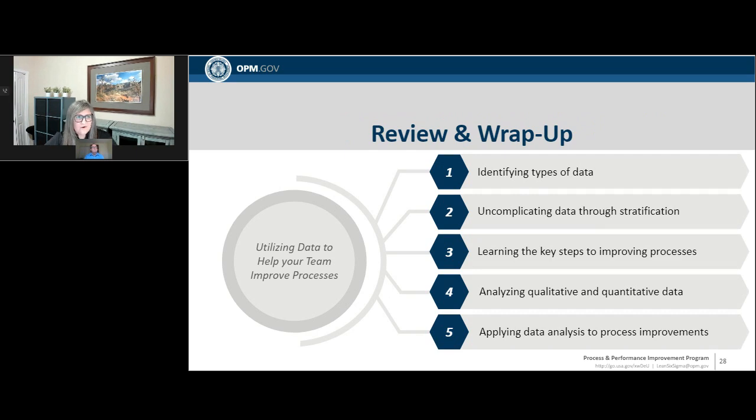So reviewing what we've talked about today, we've divided this into a few categories. One was really identifying our types of data. Sometimes this is where we actually have data that's given to us or that we're able to access. Other times it's where we're collecting the data from the start.